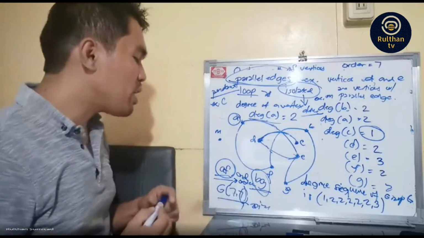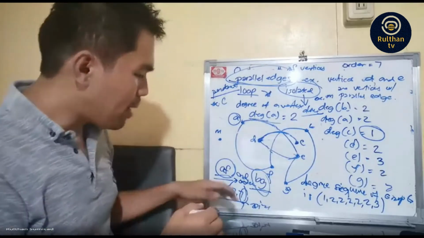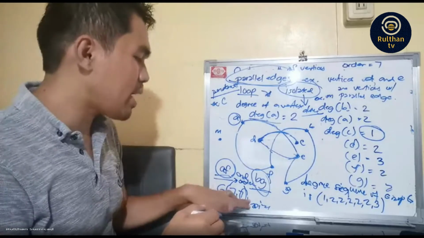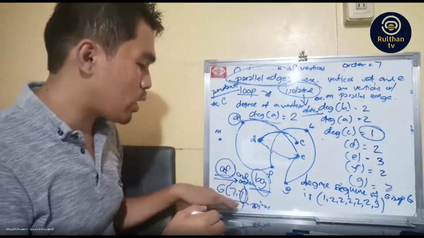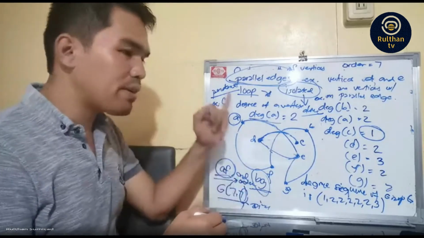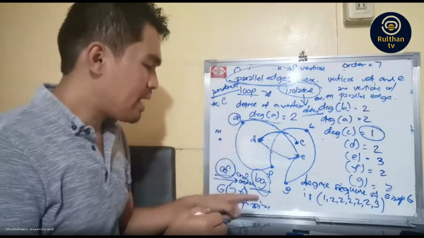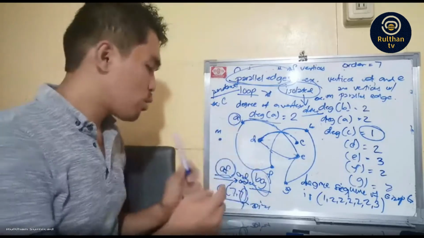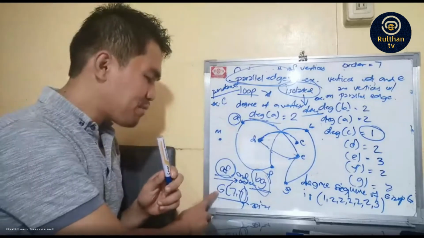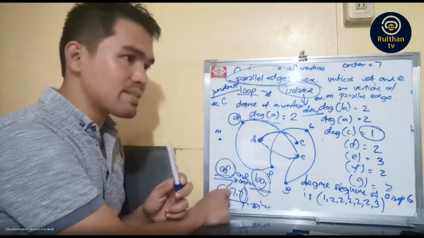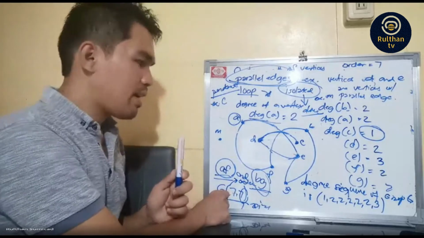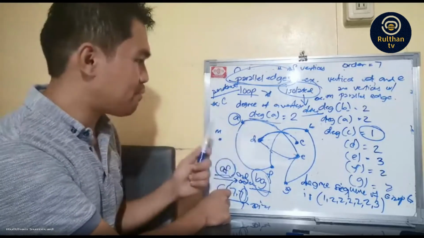When you encounter a notation like G with an ordered pair (7, 7), the first is the order of the graph and the next one is the size. So we have here graph G of order 7, size 7. Just emphasizing that because I think I forgot to mention it earlier.